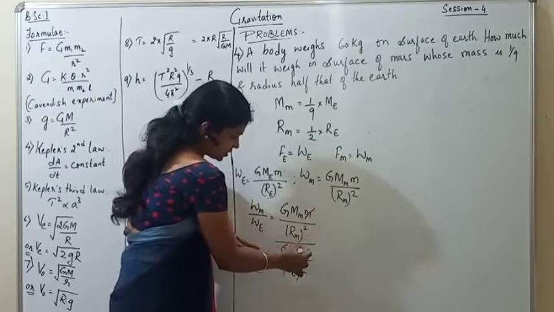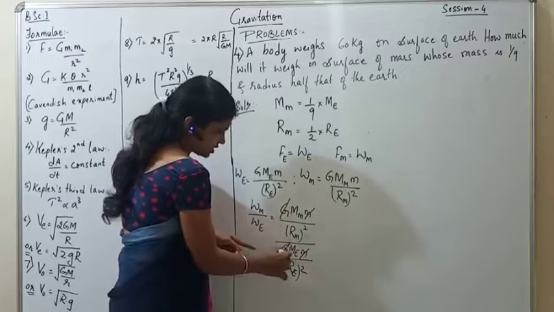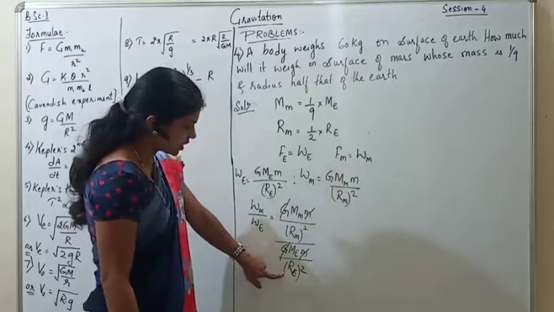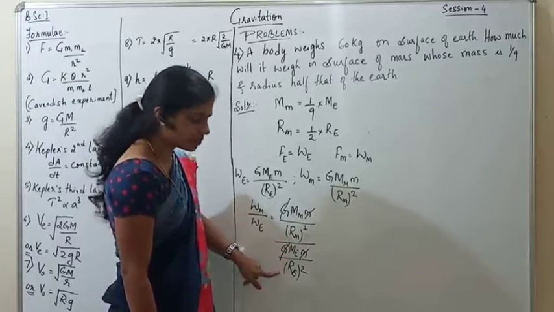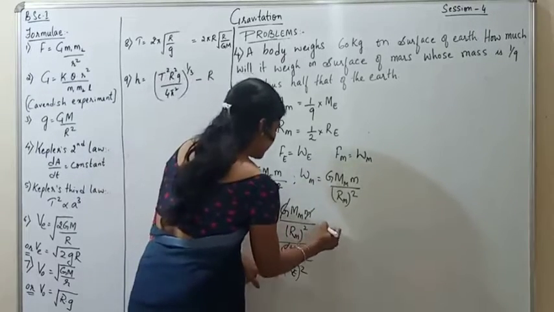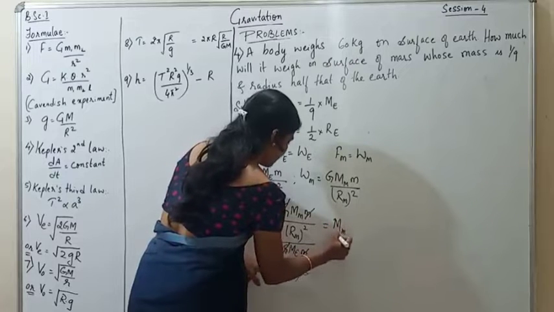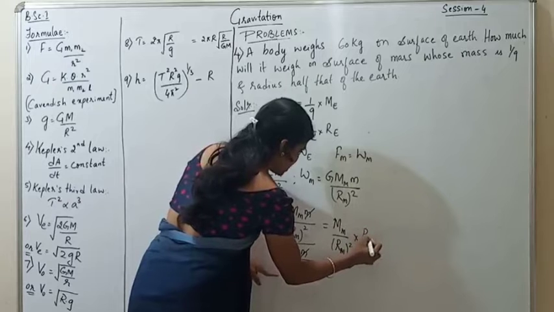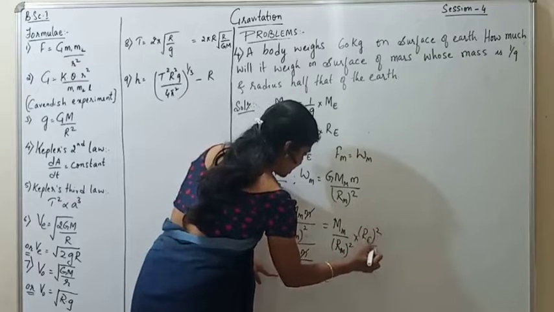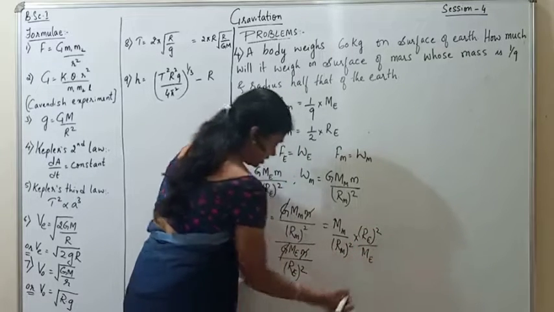So this m is cancelled. G and G will get cancelled. So MM by RM the whole square divided by ME by RE the whole square. This I can write as MM by RM the whole square into RE the whole square upon ME.